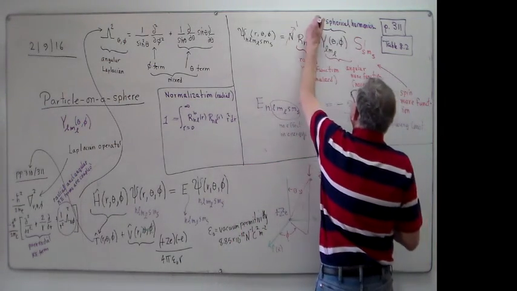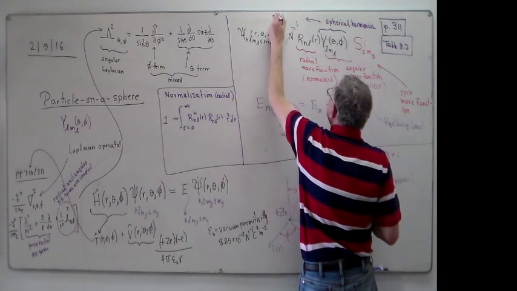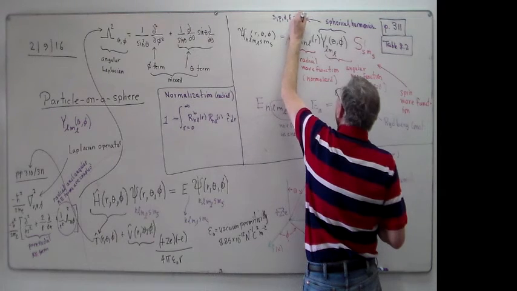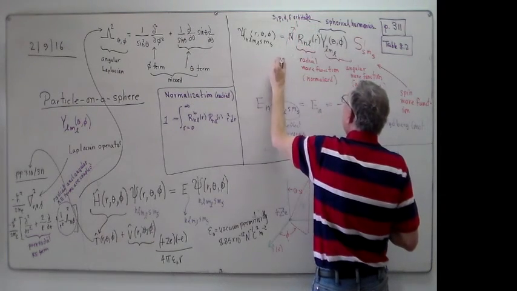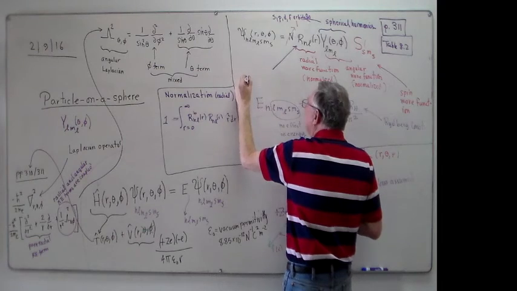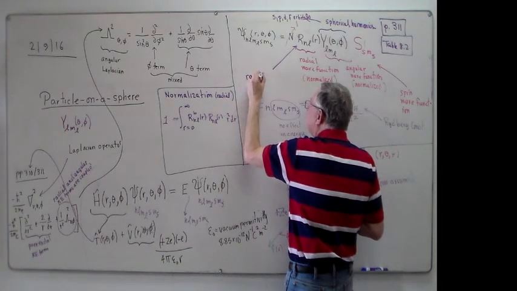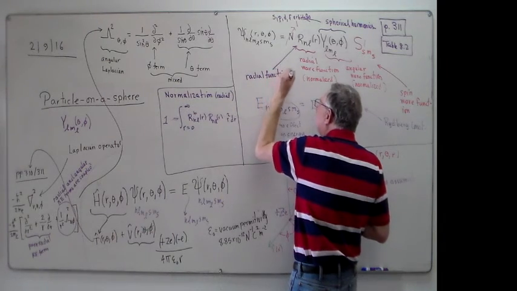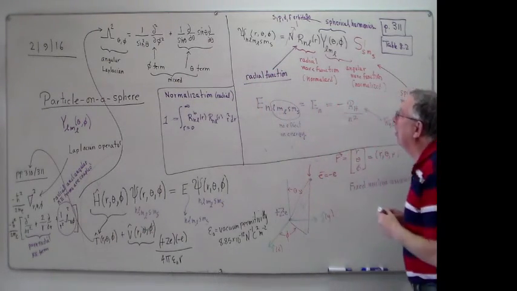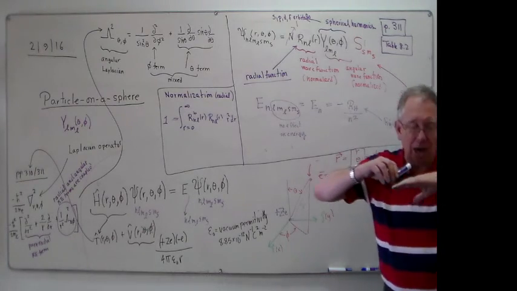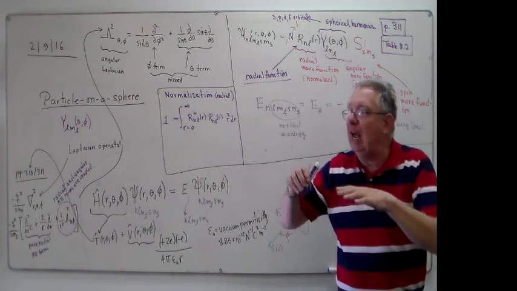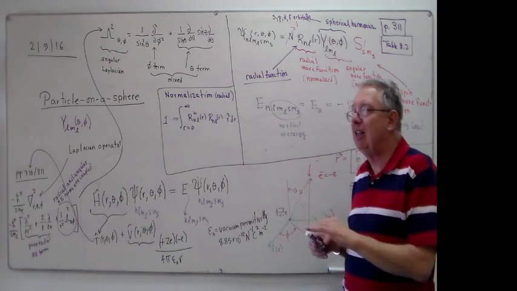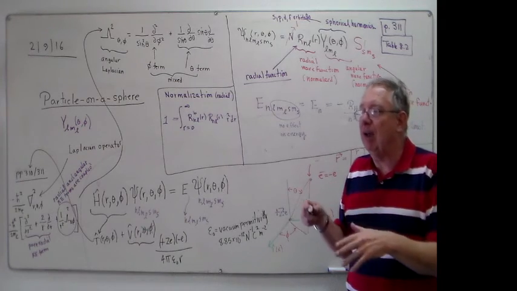So these are like s, p, d, f orbitals. And then we have a radial function. So it turns out that a 3s orbital has more oscillations in it than a 2s orbital does.